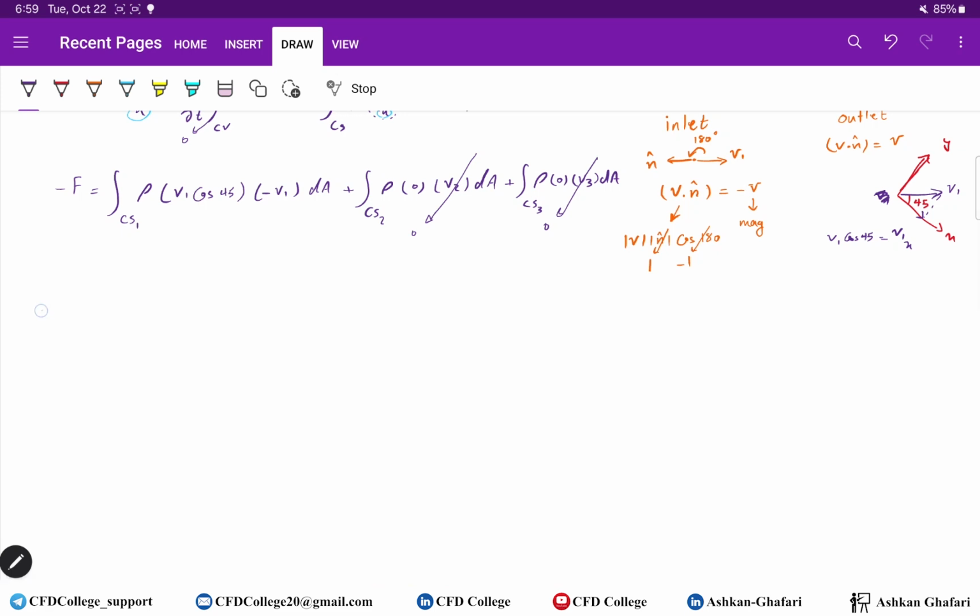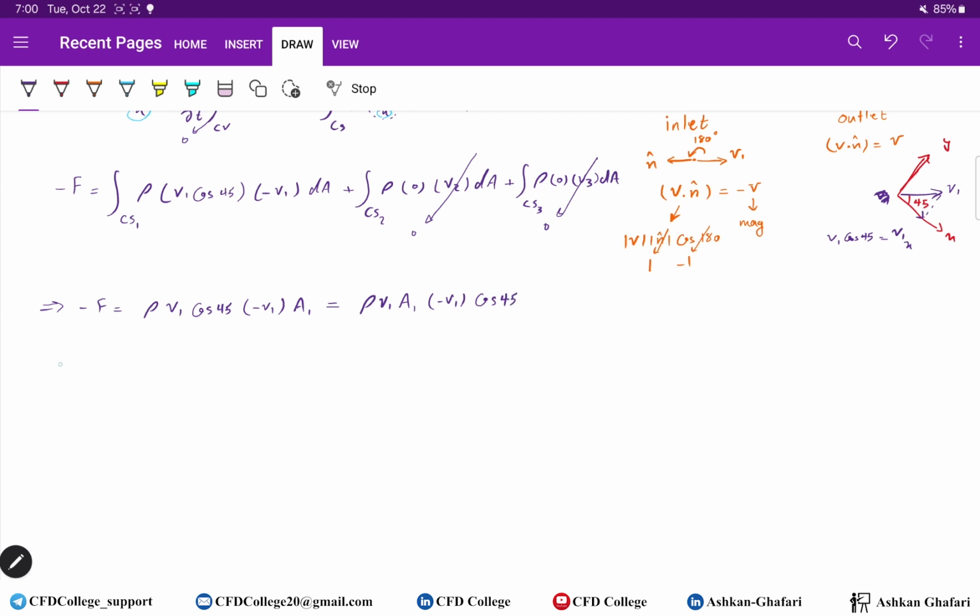So what we have is minus F equals rho v1 cosine of 45 minus v1, and the integral of dA at control surface 1 is A1. So it's equal to rho v1 A1 minus v1 times cosine of 45.